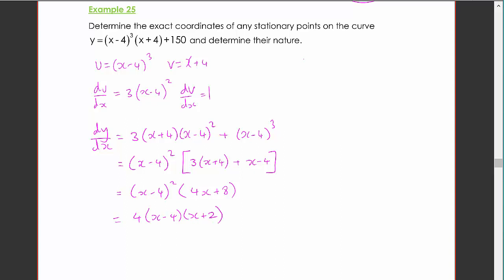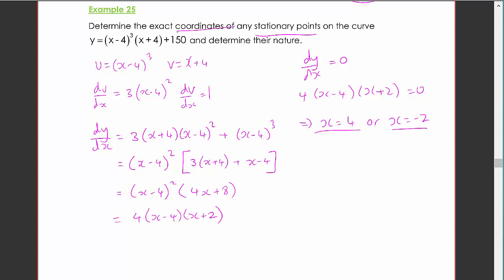Now we're interested for stationary points in where dy dx is equal to 0. So that means 4(x minus 4)(x plus 2) is equal to 0, and just like when you're solving a quadratic, that means x equals 4 or x equals negative 2.